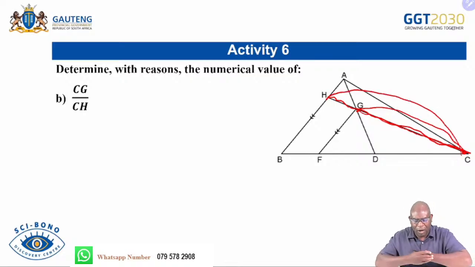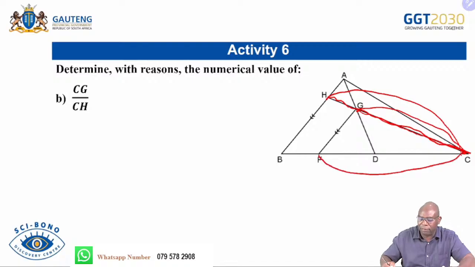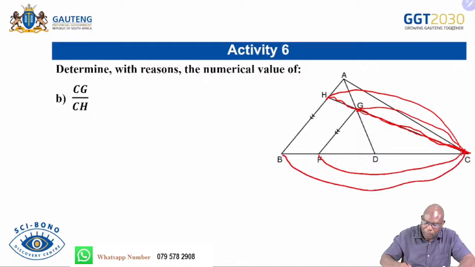Okay. Now, what do I know about CG first? If I look at this whole triangle, the triangle CHB, and I use the same ratio that I've done, CG will take CF, and CH will take the whole of BC.